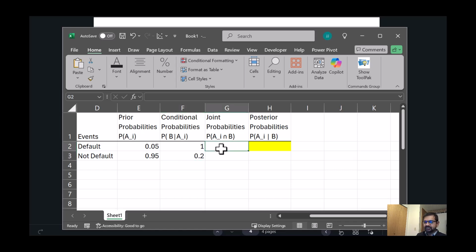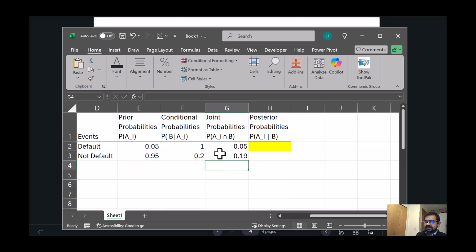Again, our intersection is given by P(Ai) times P(B|Ai), so 0.05. And for the second event, our intersection is given by this times the conditional probability of missing a payment but not defaulting, which is 0.19.